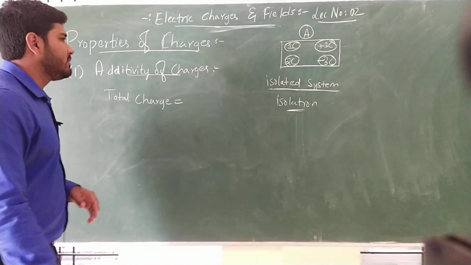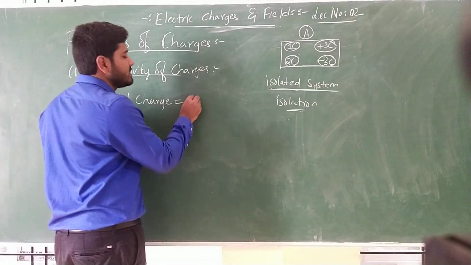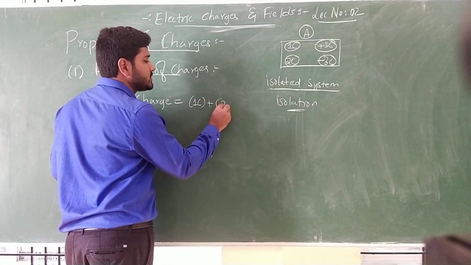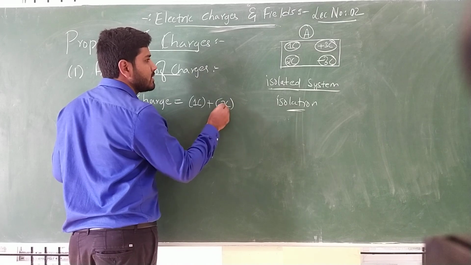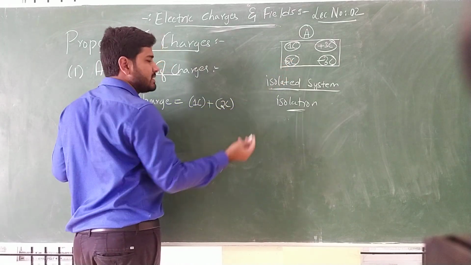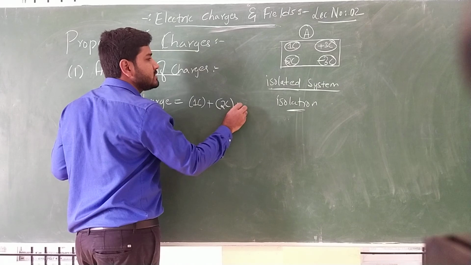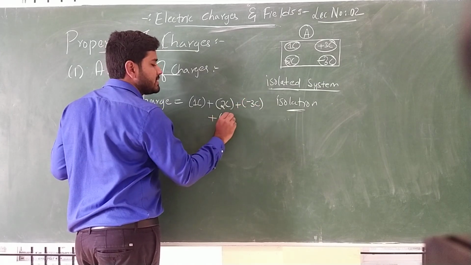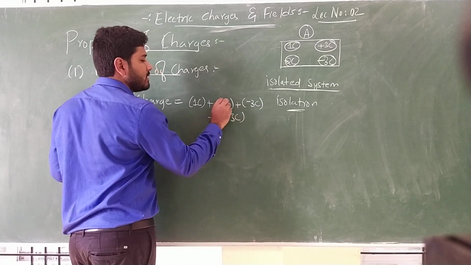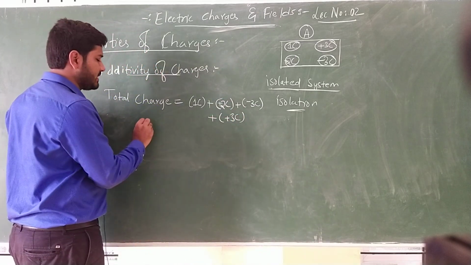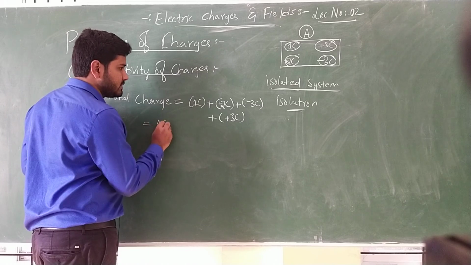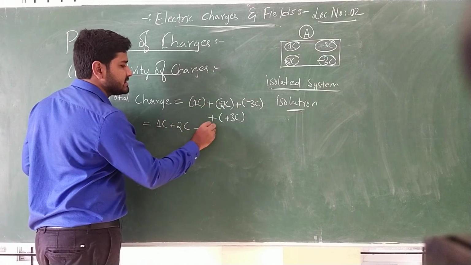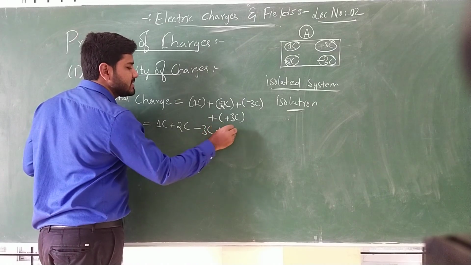Add first 1 coulomb of charge plus 2 coulomb of charge, plus minus 3 coulomb of charge, plus 3 coulomb of charge. So 1 coulomb plus 2 coulomb plus minus 3 coulomb plus 3 coulomb.